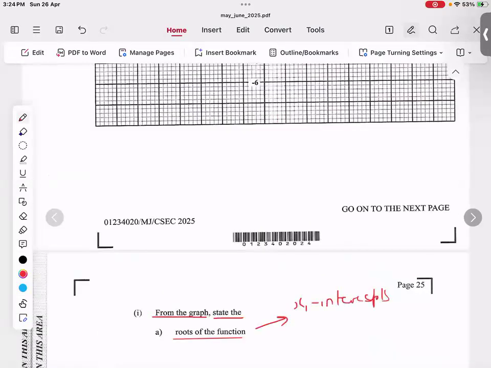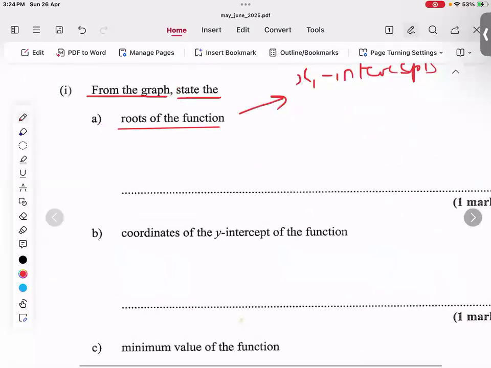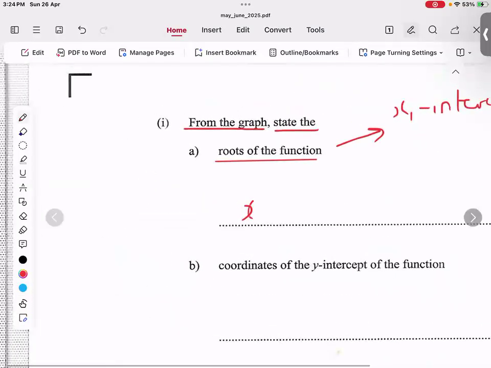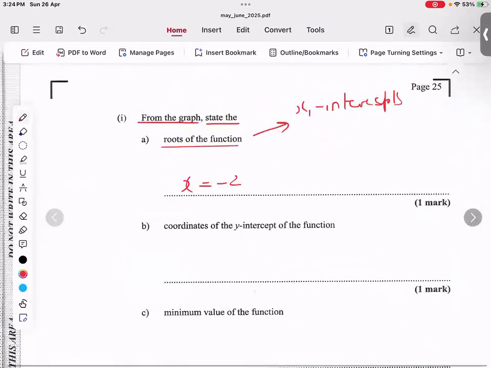All right, cool. Correct. So x is equal to, always put the smaller number first here. X is -2, and put a comma, and then put x equals 1. That's it. Geneva, put the smallest number first here, dear. Put it like that, or you can lose half a mark.